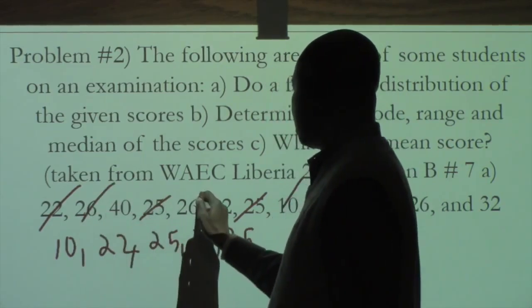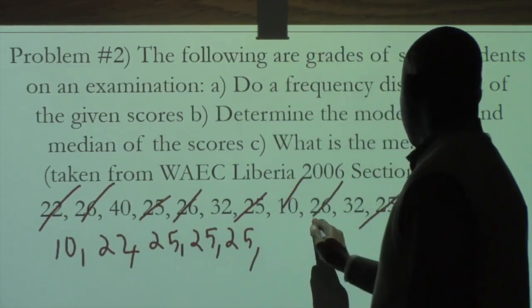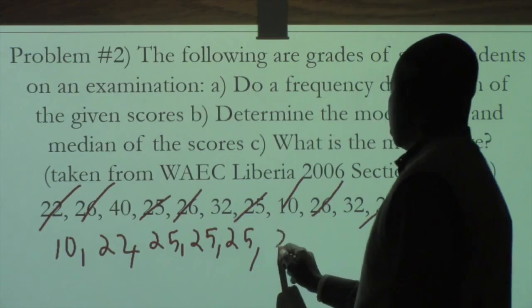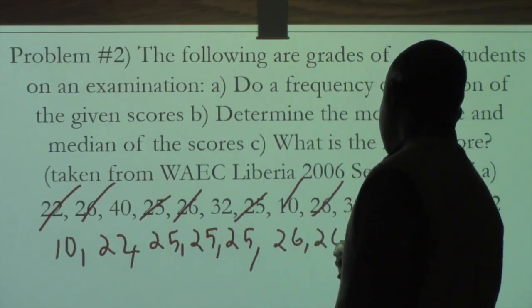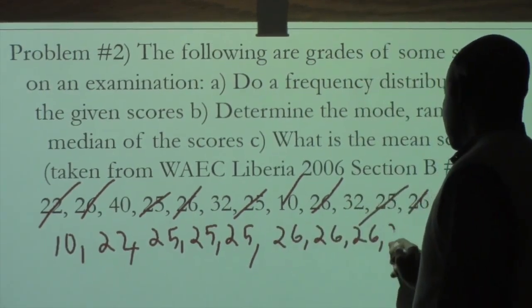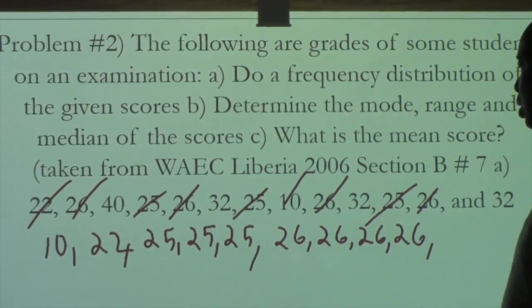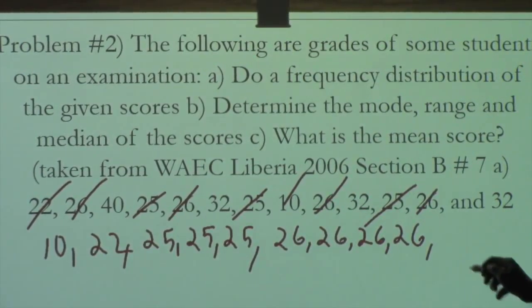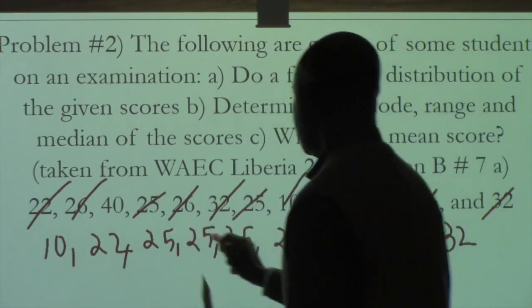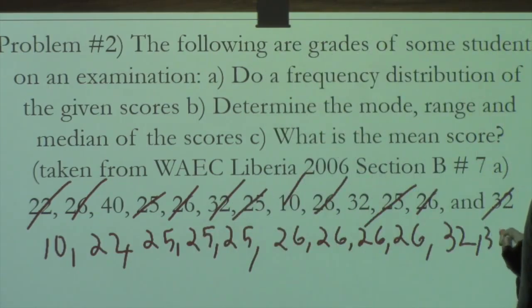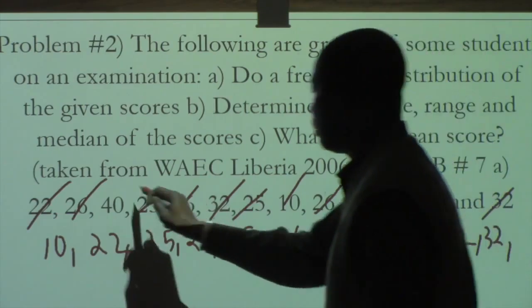I have 1, 2, 3, 4, 26. And the next number I'm going to have will be 32. I have 1, 2, 32. Then the last number I have will be 40.